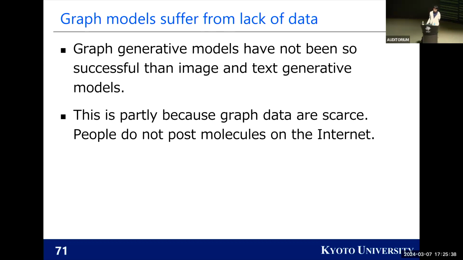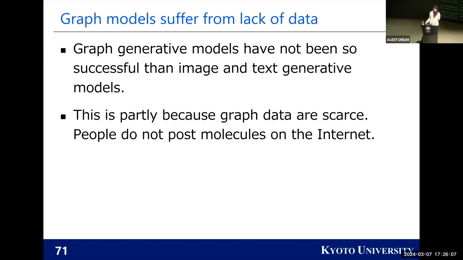But unfortunately, graph generative models have not been as successful as image and text generative models. The image and text generative models have been used in the real world and have already revolutionized many processes in the real world. But graph generative models have partly succeeded, but not so successfully compared to the image and text generative models. This is partly because graph data are scarce.